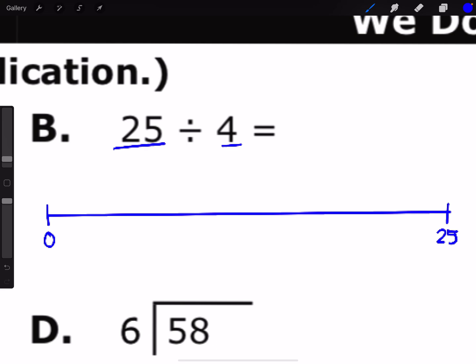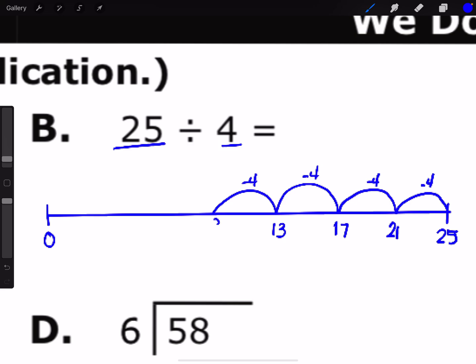We know that we're going to do groups of 4 repeated subtraction. So 25 take away 4 is 21. Jump another 4, and that is 17. We jump another 4, that's 13.